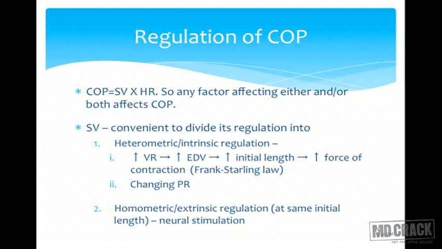The stroke volume for that beat will decrease. But when there is more accumulation of blood in the heart, the initial length is going to be increased, and the next contraction will be more powerful to increase the stroke volume, and ultimately it is going to cause an increase in the cardiac output, right?